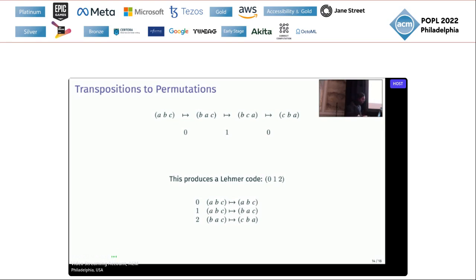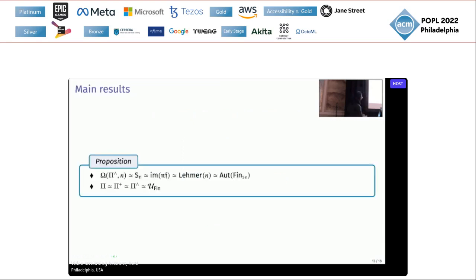So all this seems like very low-level combinatorial tricks, but the main result is that we can actually take any permutation in this language pi hat, and we can keep on extending this equivalence and get back to permutations. And using this entire trick, we can finish this correspondence between pi and the groupoid of finite sets and bijections.